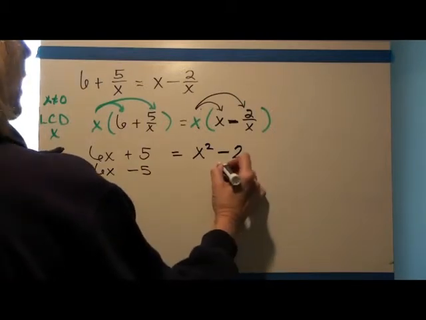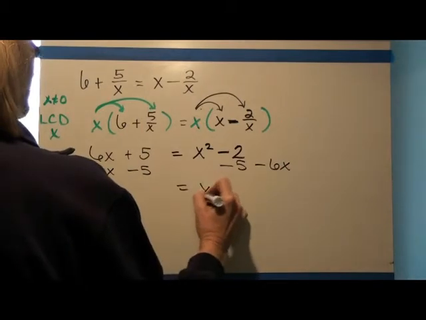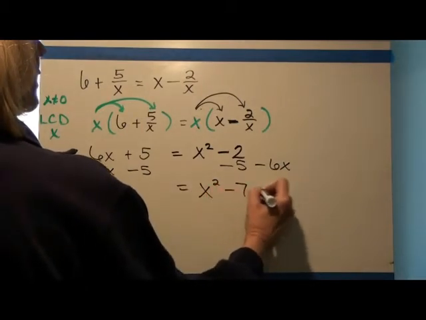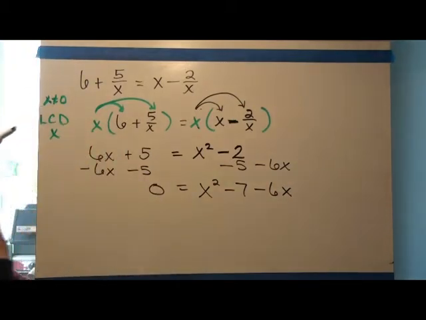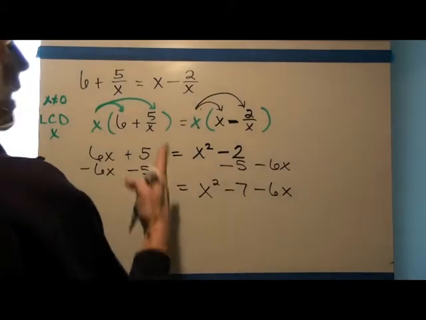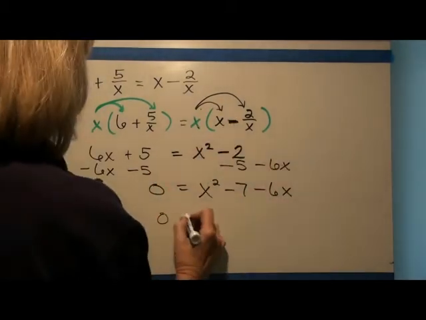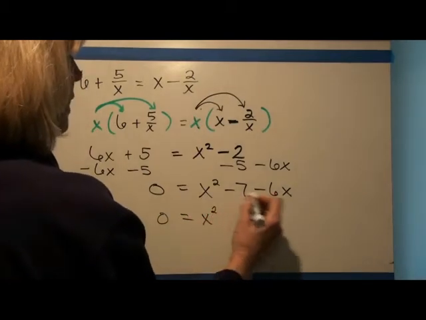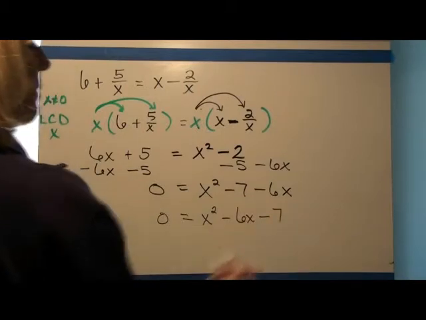So if I subtract 5 and I subtract 6x, what would happen is I would have this on the right and 0 on the left. Of course, the problem here is this is completely out of order. It needs to have the x squared term, then the x term, then the constant. So I actually want to write it minus 6x minus 7.